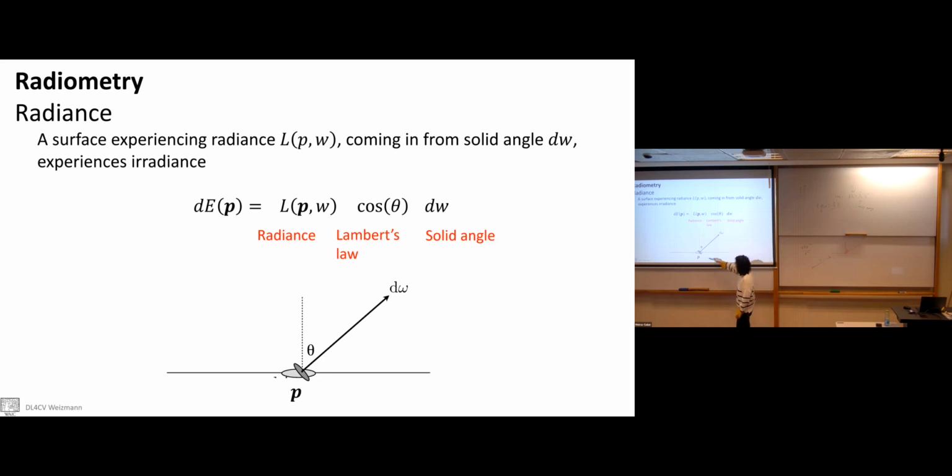And I'm trying to understand how much light is falling on this surface. So I have to take the radiance into account, the point and the ray, and it should be attenuated due to the Lambert slope by cosine theta, like what we said. This takes into account the solid angle dW. So the irradiance that is going to fall here on this surface due to this light which comes from here is going to be L times cosine theta times dW. Solid angle, Lambert slope, and radiance.